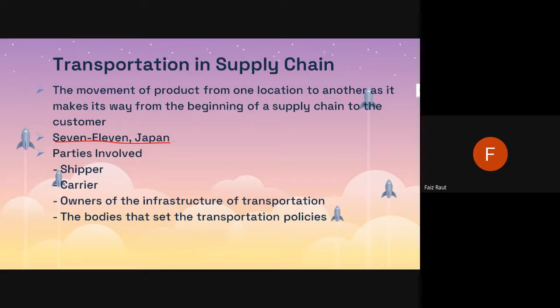Then these are the four parties which are involved. Shipper, the person who is sending the goods. Carrier, who is carrying the goods. Suppose I have a small business, maybe I'm making some art and selling it online.